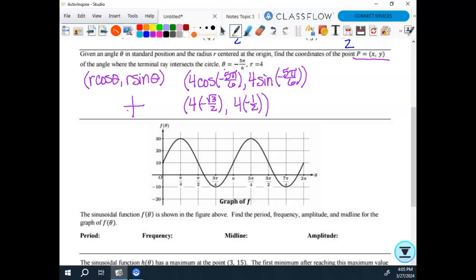So this gives me negative 4 square root of 3 over 2 and negative 4 over 2, which I can reduce to negative 2 square root of 3, negative 2. All right.